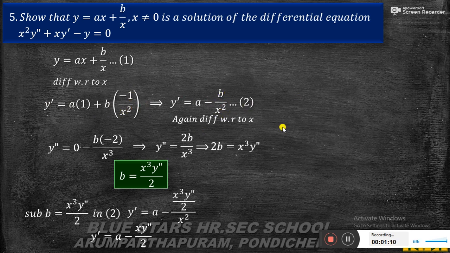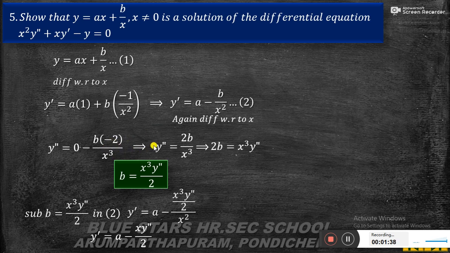So again differentiate with respect to x. Second time we differentiate. So d by dx of y dash equal to d by dx of a minus b by x square. So y double dash equal to d by dx of a, a is a constant, differentiation of constant is 0, minus b into d by dx of 1 by x square, that means minus 2 into 1 by x cube.